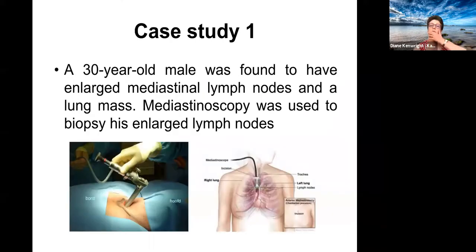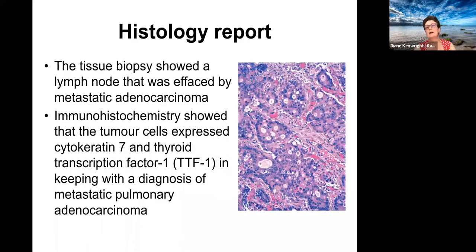So here we go. We've got a 30-year-old man who had a lung mass and he had some enlarged lymph nodes. We did a biopsy and we decided that this was metastatic adenocarcinoma in his lymph nodes. We did immunohistochemistry. Remember, that detects proteins, and the immunohistochemistry helps us decide where it's from.